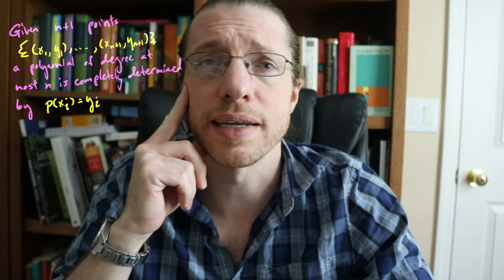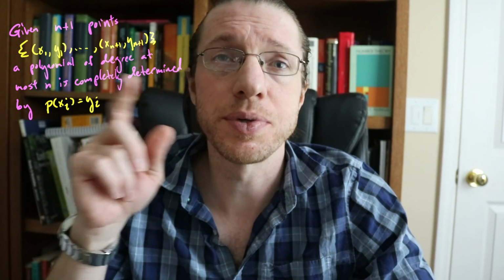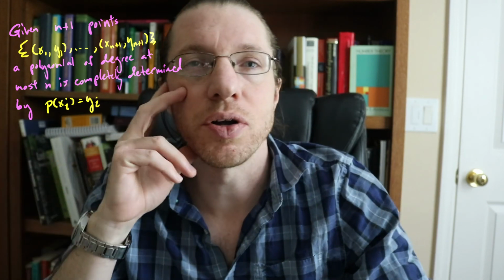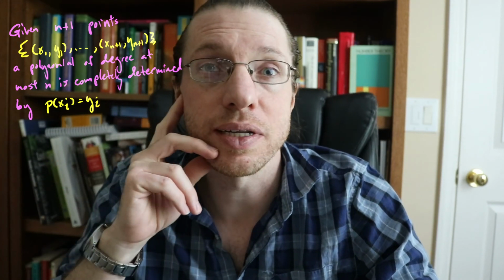Following that, we did a couple of lectures on function interpolation. There, we saw that if we match a function at particular points with a polynomial, then if there are n plus 1 points and the polynomial is of degree at most n, the polynomial is uniquely determined.